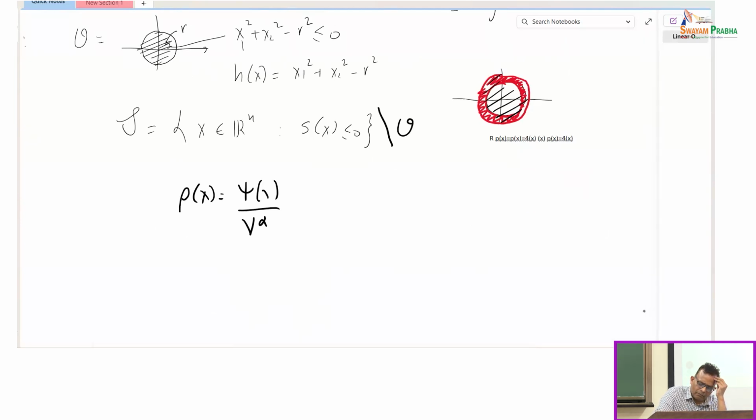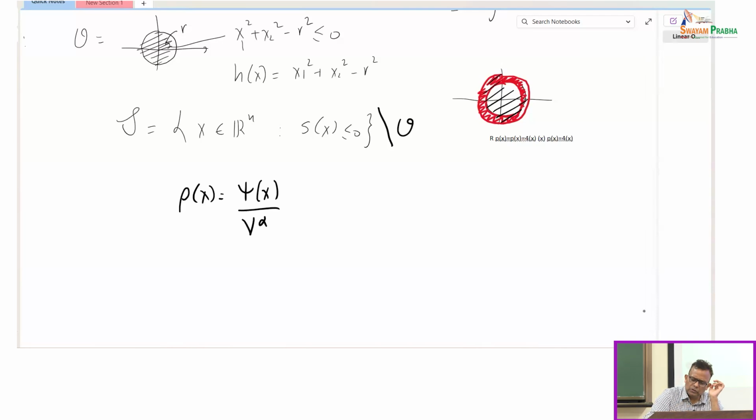So psi of x is a function which is 0 on the unsafe set and makes a smooth transition from 0 to 1 as it goes from the unsafe set to the outside of the sensing region. So it makes a smooth transition from 0 to 1 inside the sensing region.